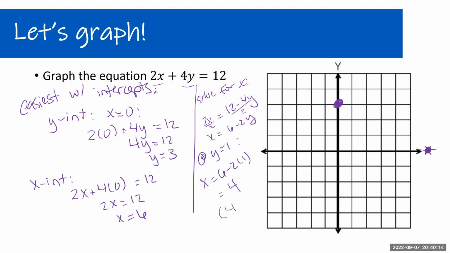So x is 4, y is 1. So here's 4, and here's 1. And now we see that very carefully we could draw our line. Lots and lots of ways to get some of these lines. Show your work. As long as you've used a mathematically sound way, we're good.